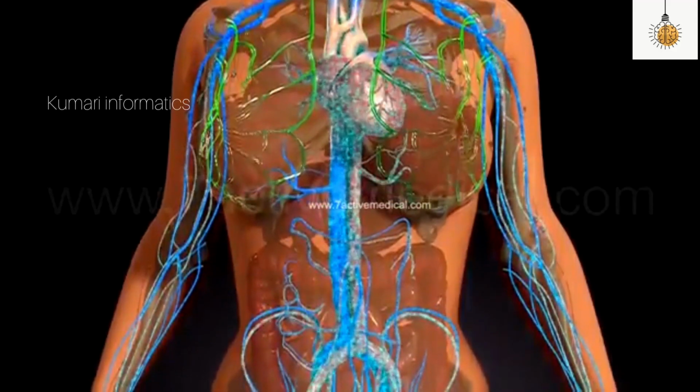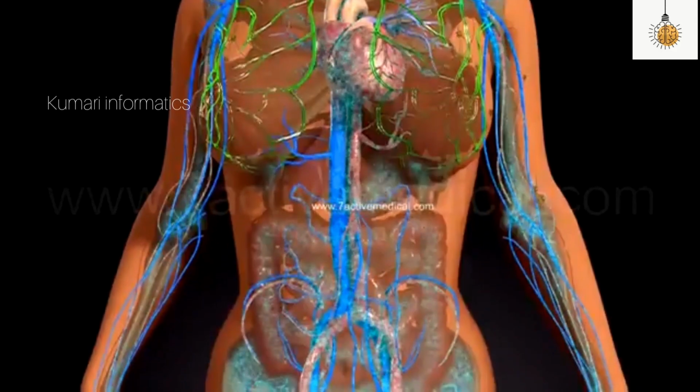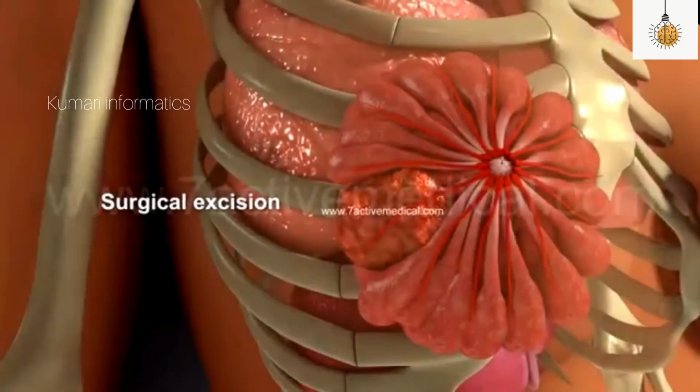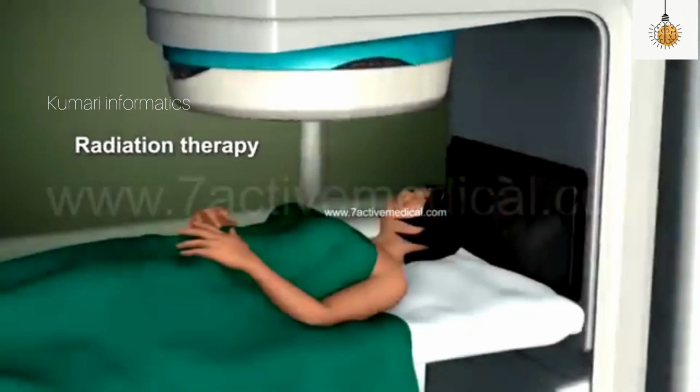Chemotherapy may be either a primary or secondary means of cancer treatment, along with surgical excision and radiation therapy.